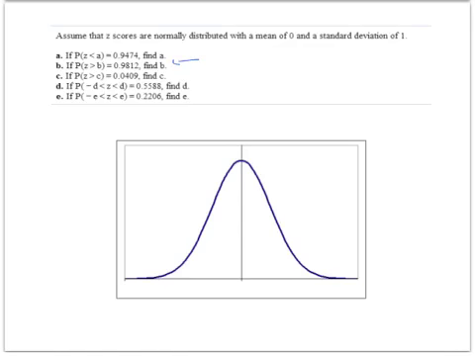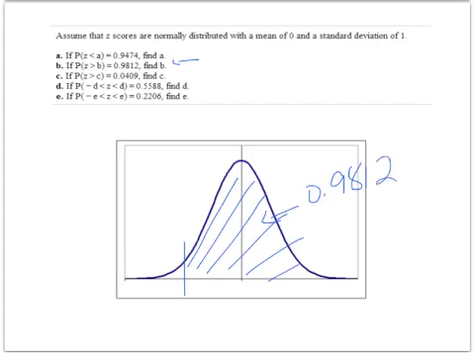All right, let's do part B. It says, the probability of z is greater than b equals 0.9812. This says that you have 98.12% of your data above your z value, meaning that you have something more like this, and all this area is 0.9812.